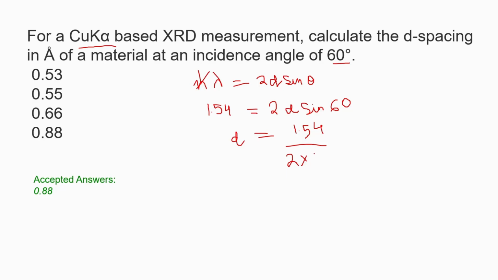Sine 60 degrees is basically 0.866. Now if you solve this, you'll get 0.88, which is our solution. So the fourth option, 0.88, will be the correct answer.